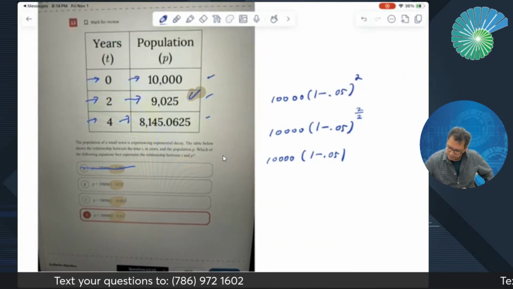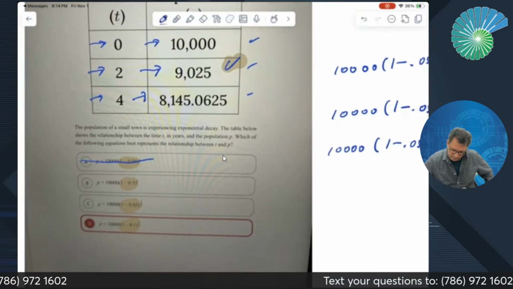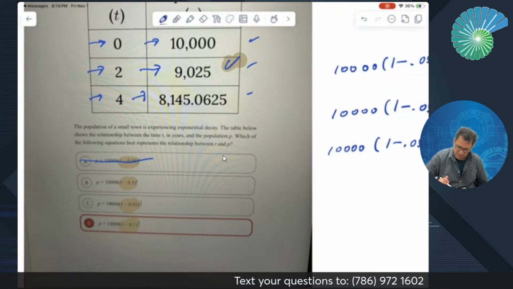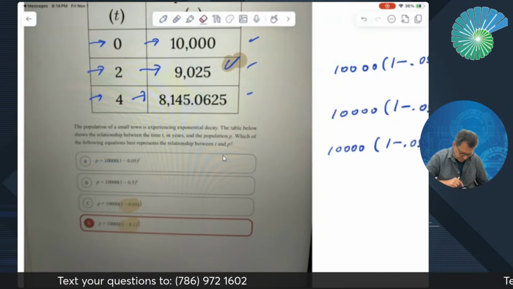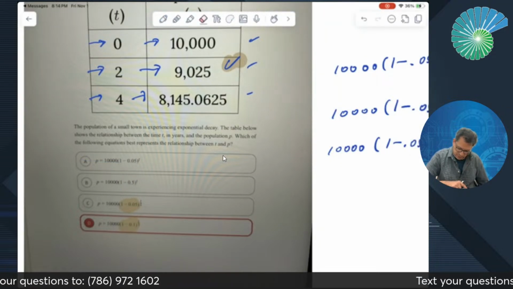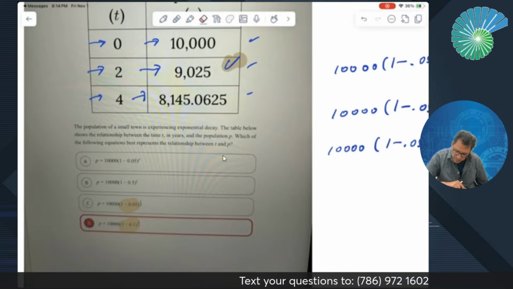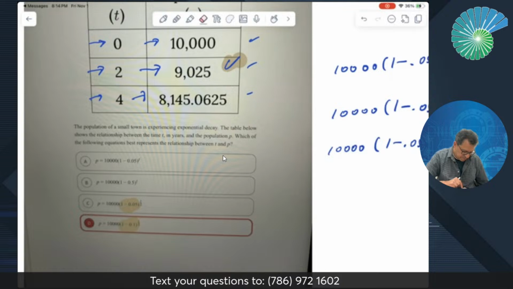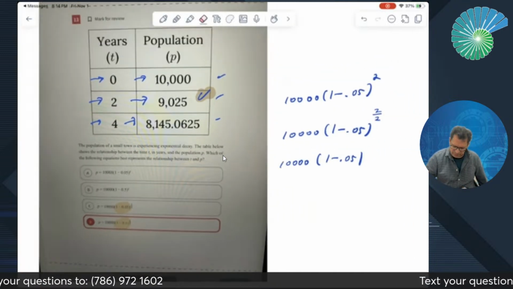Oh, wait a minute. Okay, no, we tested number 1, correct? Yes, we tested number 1, and it did not work. No, I'm sorry, 1 works. How come I said that 1 didn't work?